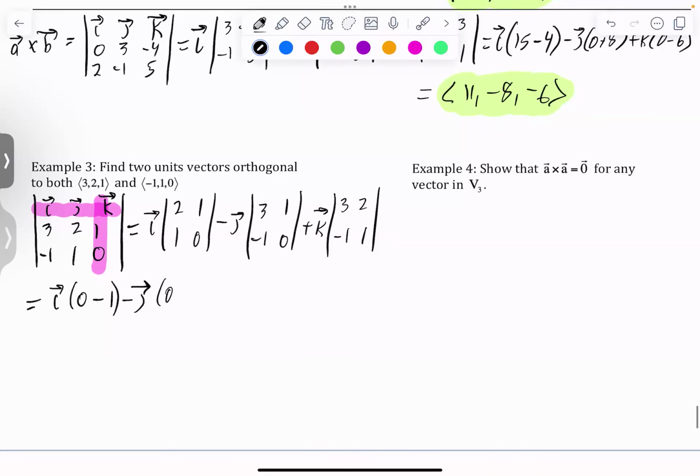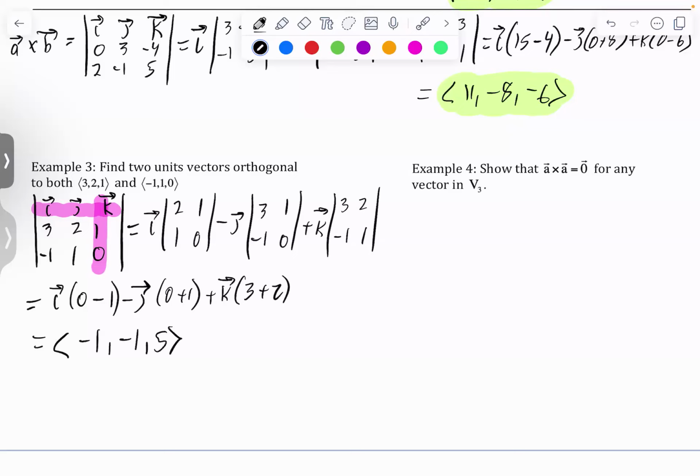So that's 0 plus 1, plus vector k. That's going to give us 3 times 1 is 3, minus -2 is +2. So that gives us -1, comma, -1, comma, and 5.